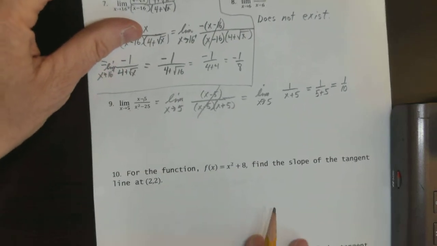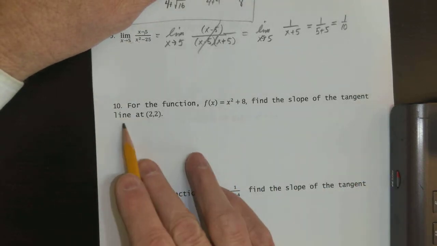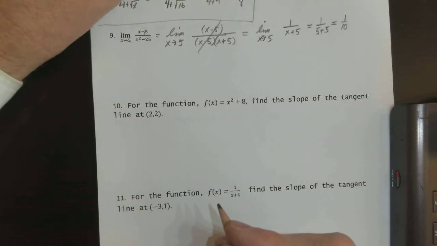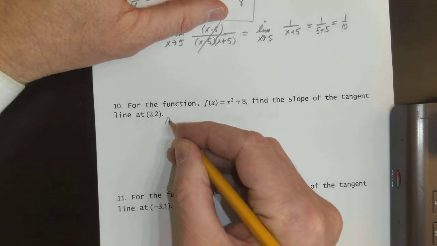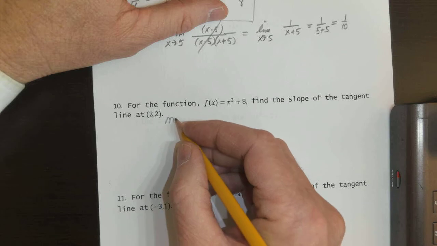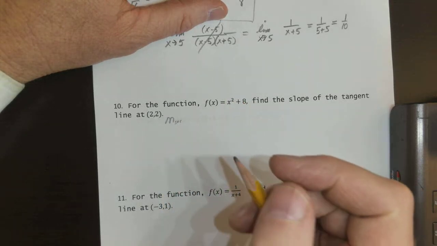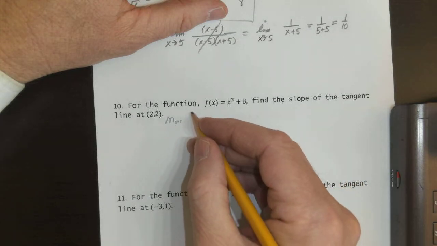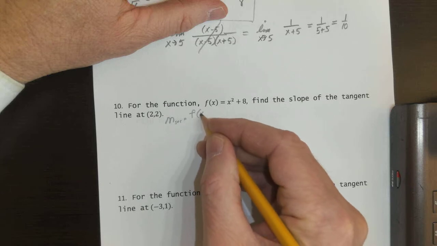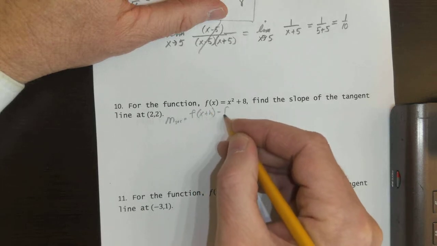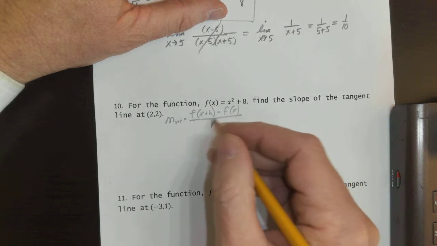Now number 10, for the function f of x equals x squared plus 8, find the slope of the tangent line at 2, 2. So the slope of the secant line is, we've been doing this a lot, f of x plus h minus f of x over h.